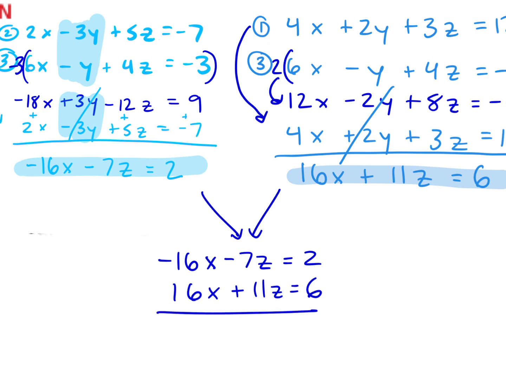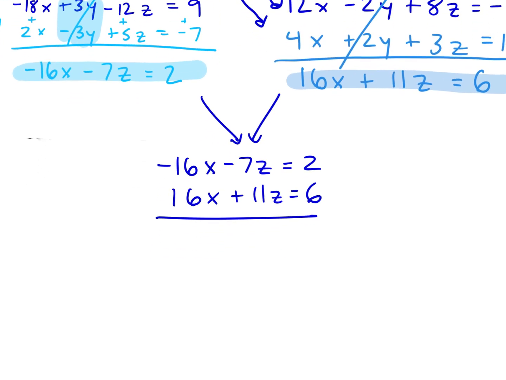Do I have a variable that's going to eliminate? Which one? The x's. The x's cancel. What's negative 7z plus 11z? 4z. And 2 plus 6? 8. What do we do next? Divide by 4. So z is equal to 2.